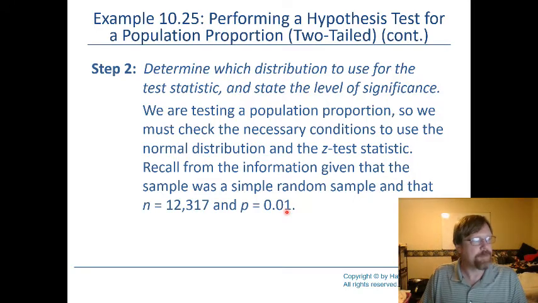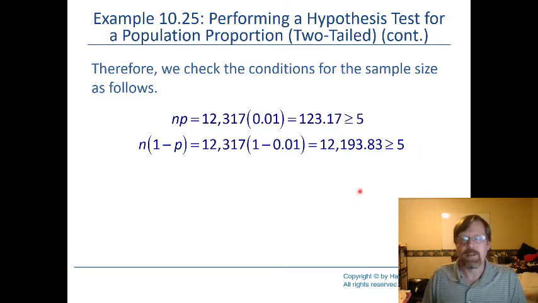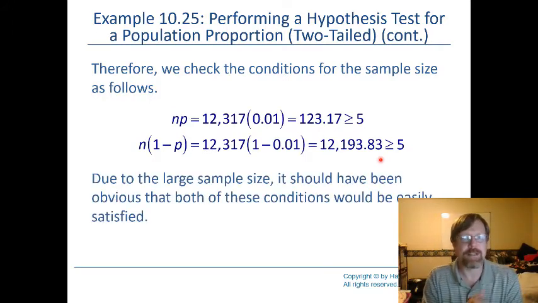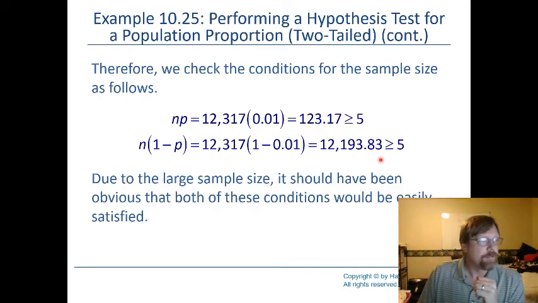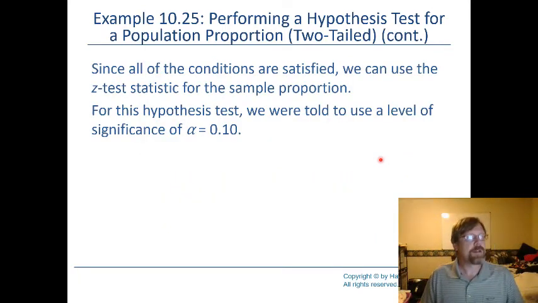That sample size is quite large. 1% of 12,300 is 123, which is a lot greater than 5. 90% of 12,300 is about 12,200, which is a lot greater than 5. I'm being a little imprecise there because the sample size is large enough that it's fairly obvious these conditions could be met. Since those are satisfied, we can use the z-statistic.